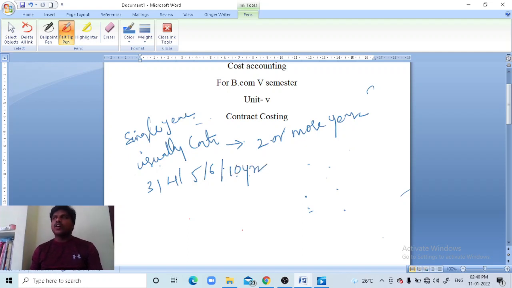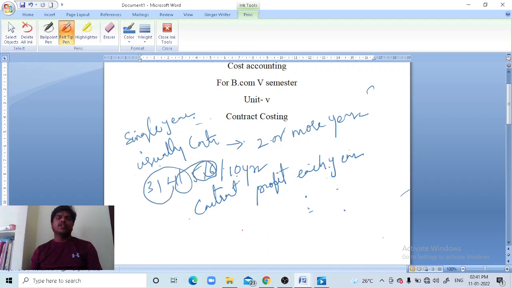It is based on the working conditions. So the contractor wants to know the profit for each year. Whether it requires 5 years, 6 years, 4 years or 3 years, whatever it may be, he needs to prepare the contract account for each and every year to know the profit.